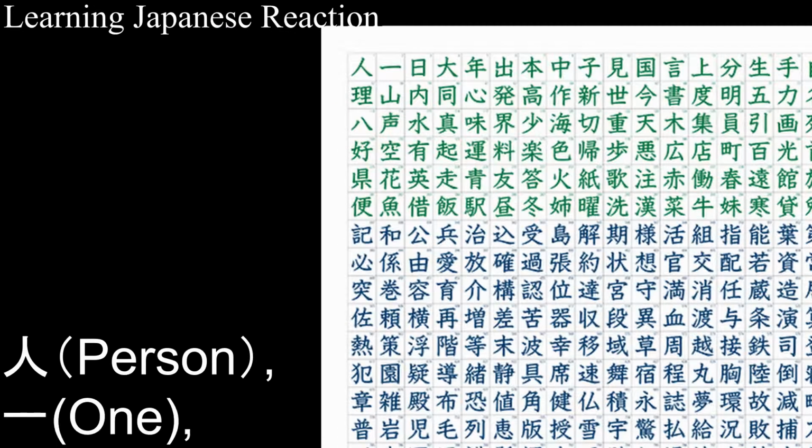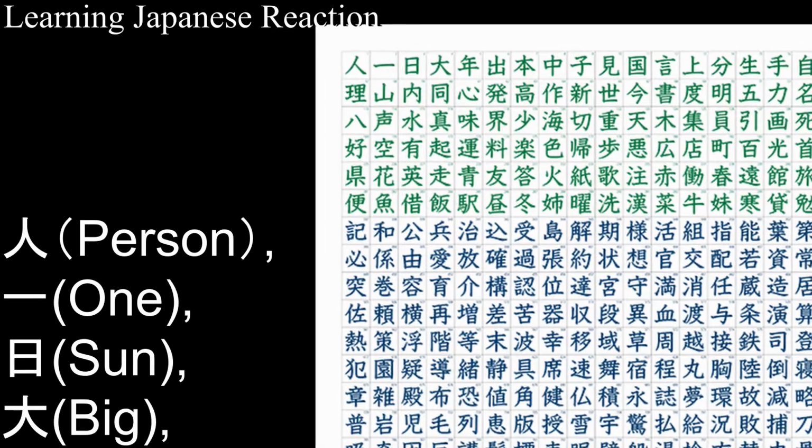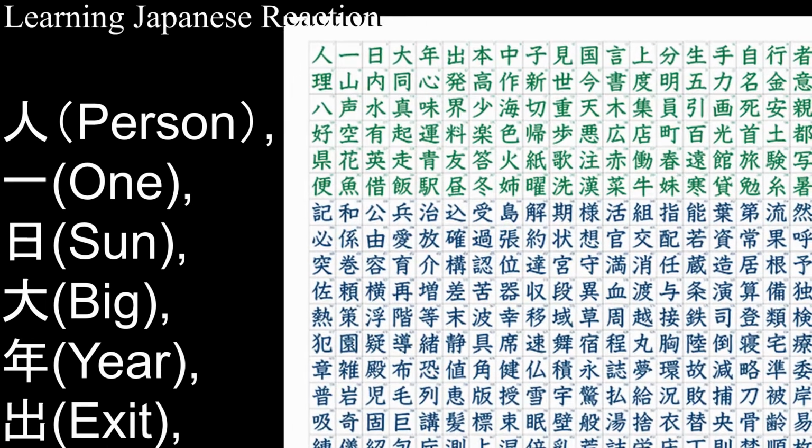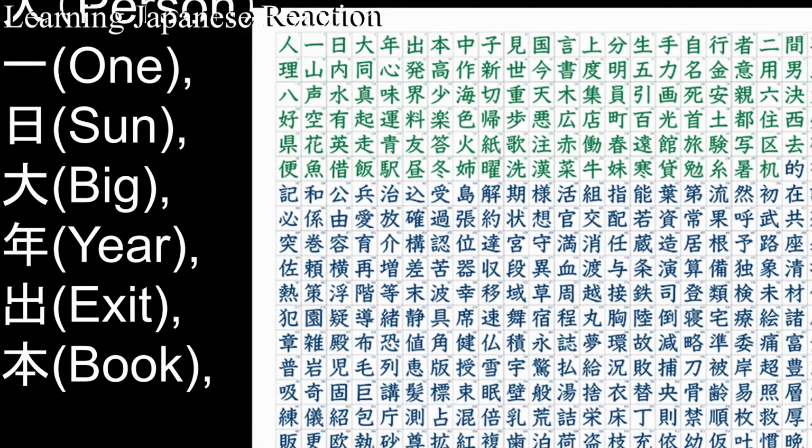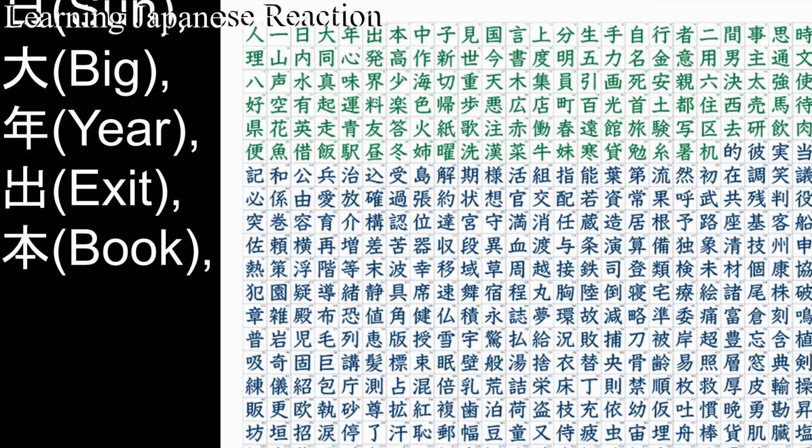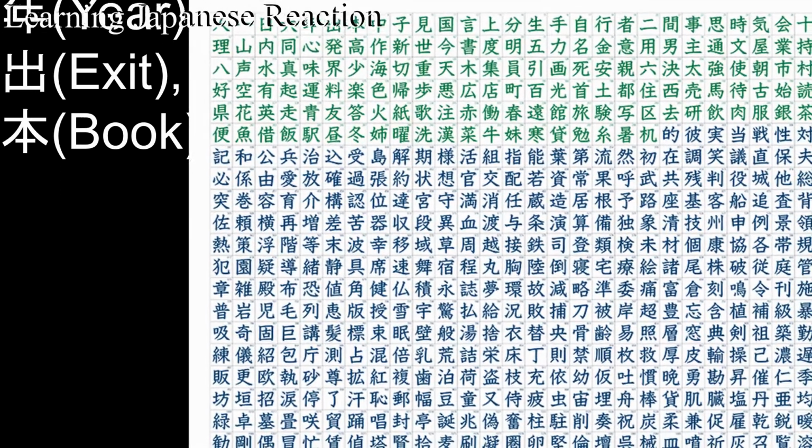So things like person, or one, or sun, or big, or year, or to exit, or book. Those characters are quite simplistic, and once you learn those, you realize that everything more complicated than that is made up of those simplistic primitive characters.